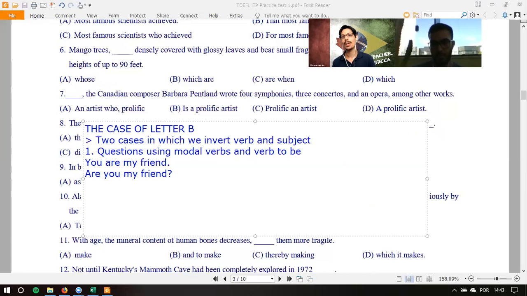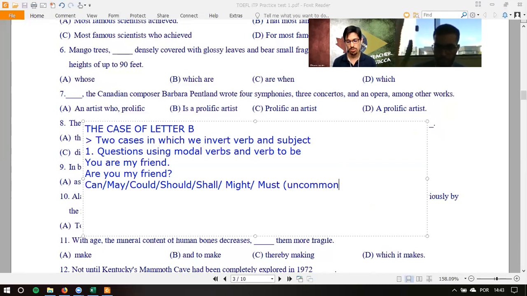That happens with can, may, could, should, shall, might. These are the ones I remember now. Must. But with must, it's very uncommon to ask questions.